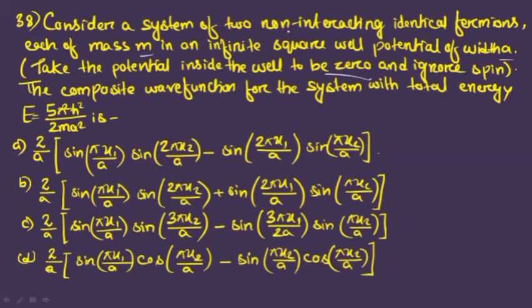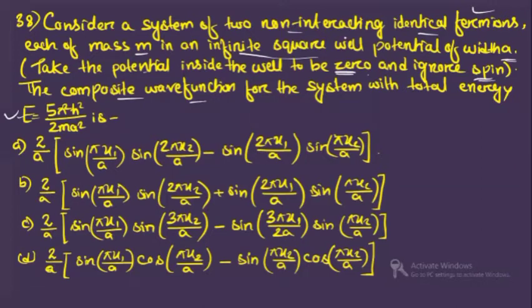So you have a system with two non-interacting identical fermions, mass m for each fermion, in an infinite square well potential of width a. The potential inside is 0, and you have to ignore the spin. Ignoring the spin and taking the potential inside to be 0, you have to write the composite wave function when the energy is this one.